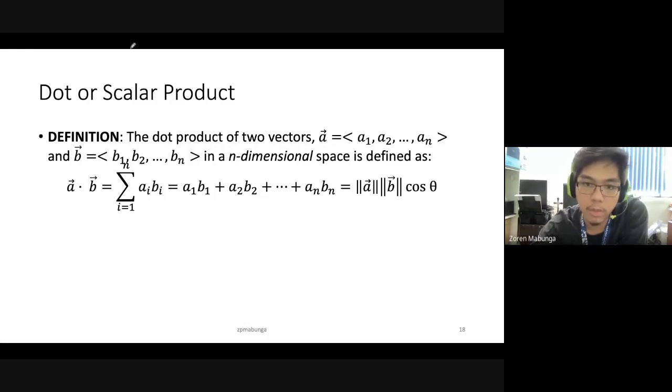Ito applicable to up to n-dimensional space, kahit up to 100D. Pero sabi ko kanina, focus lang natin is 2D and 3D. Pwede yung gamitin in 100 or more than 100 dimensional space. Usually, pag ganyan na kadami yung dimension, involved na dyan sa images na.